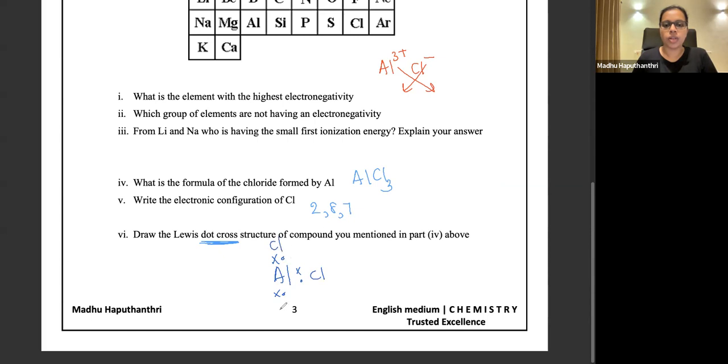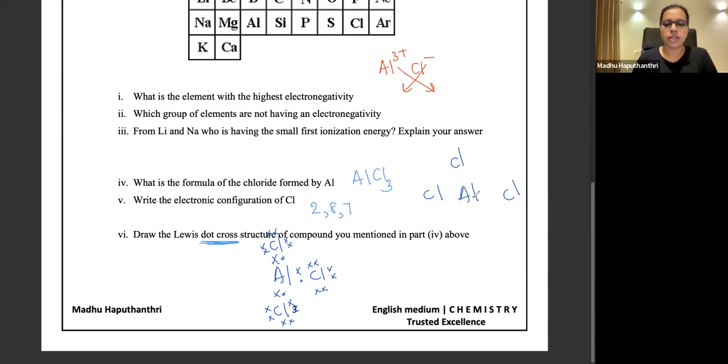It's having 3 chlorines like this. If you want to use dots to denote the chlorine's electrons, that is all right. But make sure each chlorine is having 3 lone pairs. You can align them like this also.